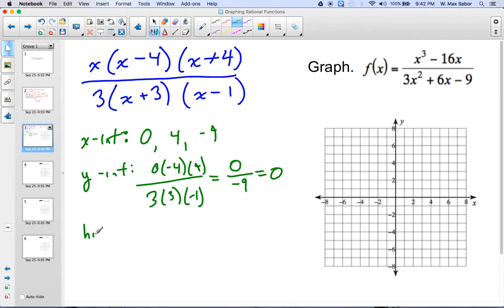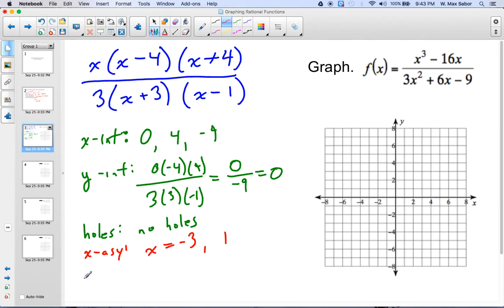For holes, nothing is canceling between the numerator and denominator, so no holes. Let's see, vertical asymptotes. We have x can't be, sorry, negative 3, and it also can't be 1. So those are our two asymptotes.